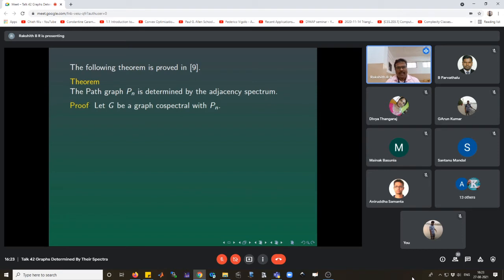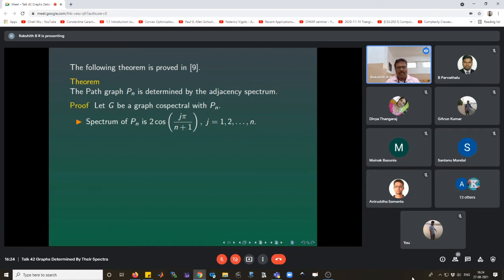In order to prove that the path Pn is determined by the adjacency spectrum, first let G be some graph which is adjacency co-spectral with the path graph Pn. You know the adjacency spectrum of a path: it is given by 2 cos(jπ/(n+1)), where j runs from 1 to n.